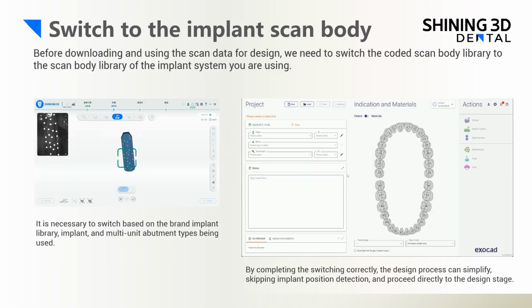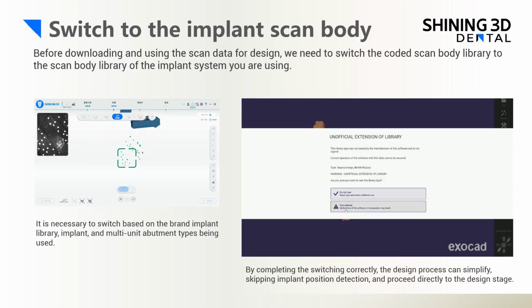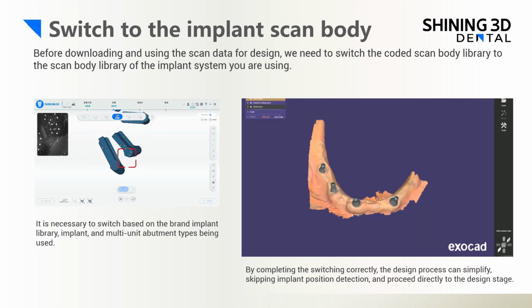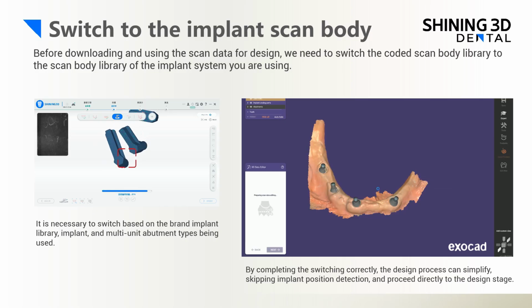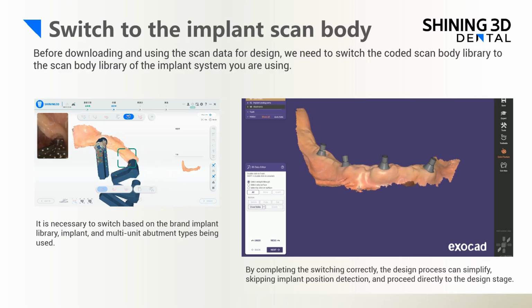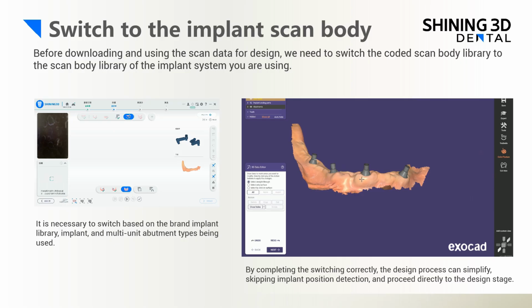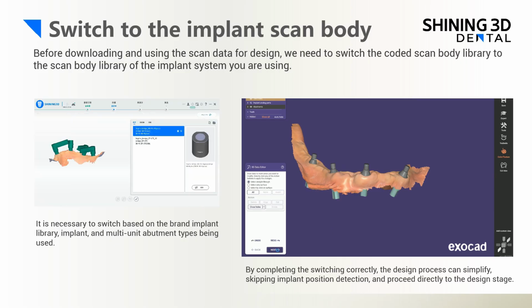Then, how to switch the high-accuracy coded scan body data to the scan body for the different brands that you're using. Before downloading and using the scan data for design, we need to transfer or switch the coded scan body data to the scan body data that you're using for different implant brands.